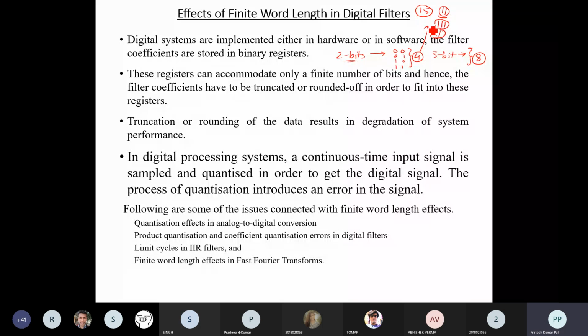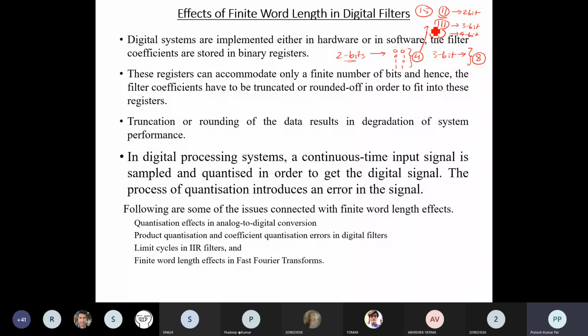So if we are representing by using 2 bits, it will have maximum error. If we represent in terms of 3-bit, even though this value is 7, it is around half, but it is closer to 15. By using 4-bit, we can have better accuracy to represent.